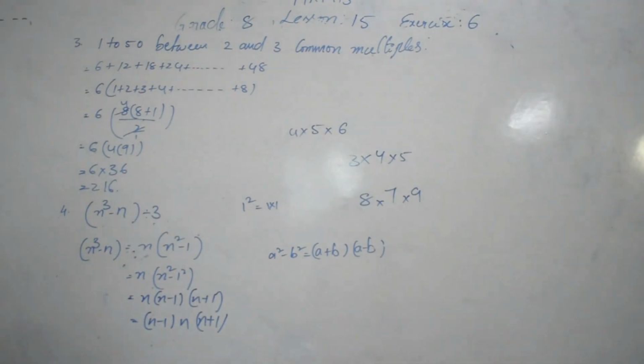Next one, fifth one. The sum of the n odd consecutive numbers is divisible by n. Explain, give reason.